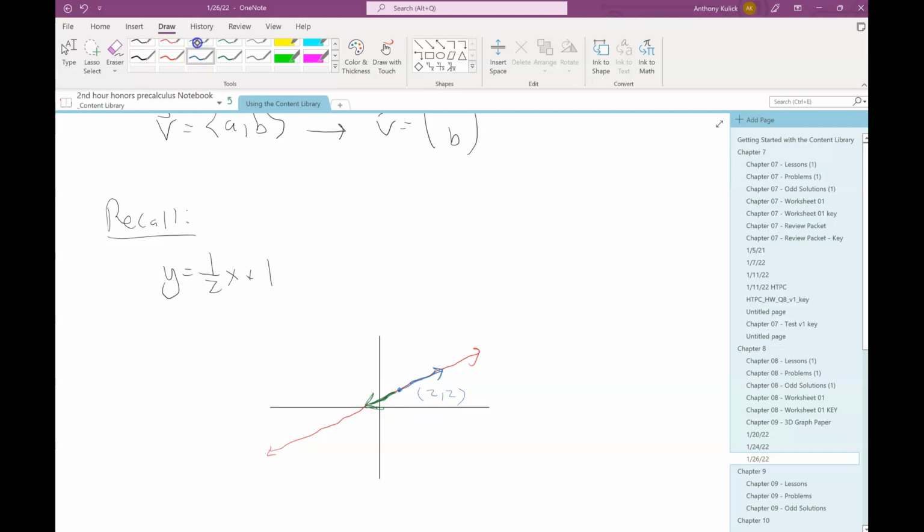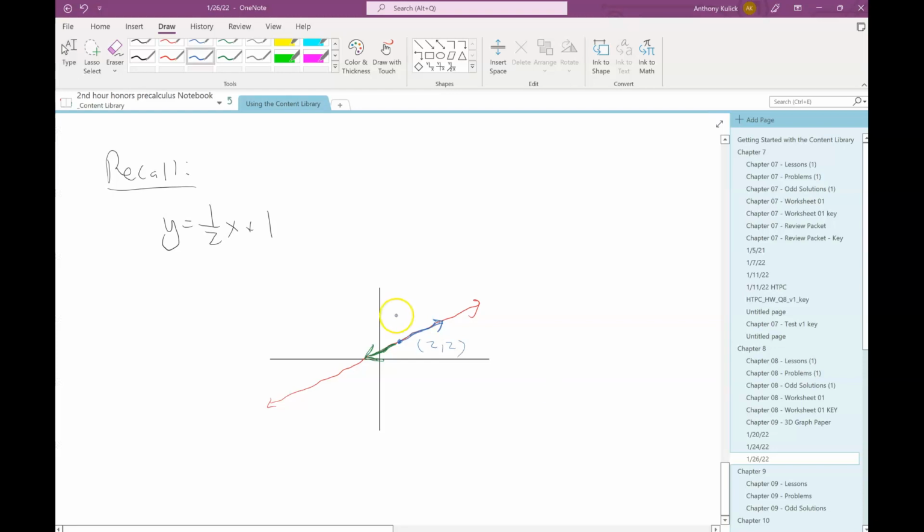So instead of being specific here, I'm going to just call this point P naught, a P with a subscript of 0, because I'm going to start being arbitrary now that we've established that we can pick a point anywhere on here, and I can use that point as the origin of my vector, and the vector can go either direction along the line. It doesn't really matter.